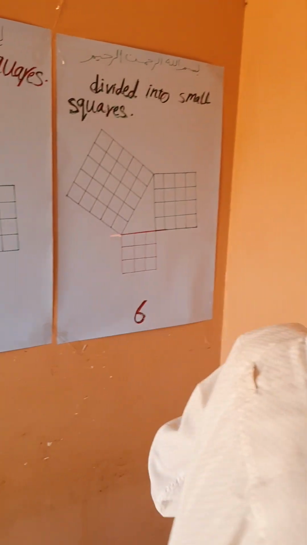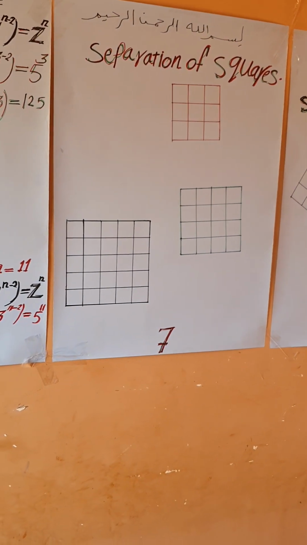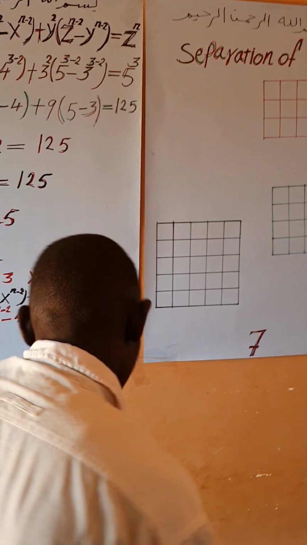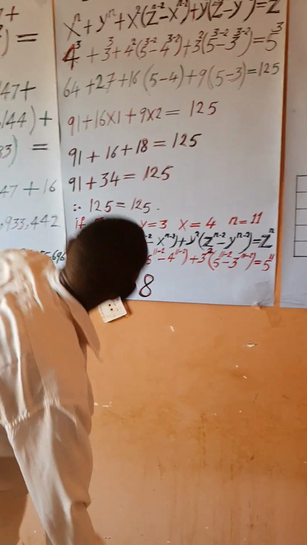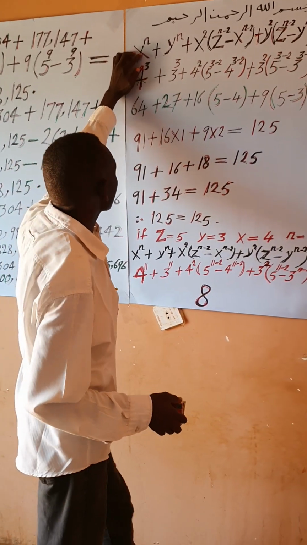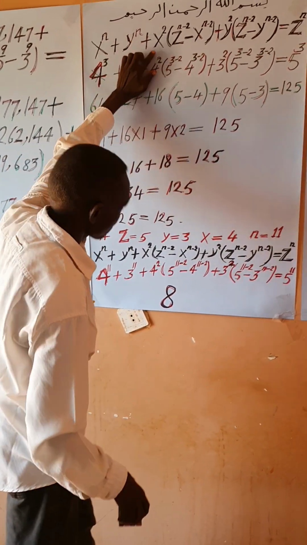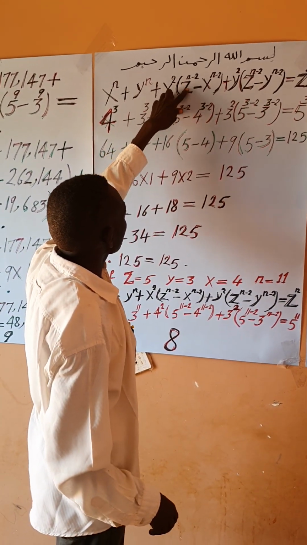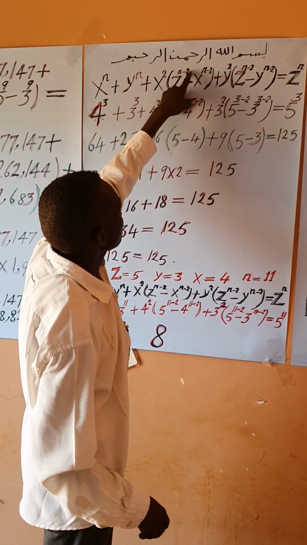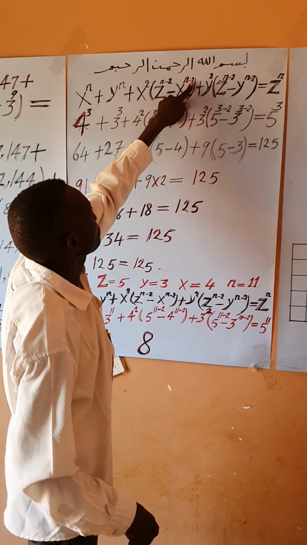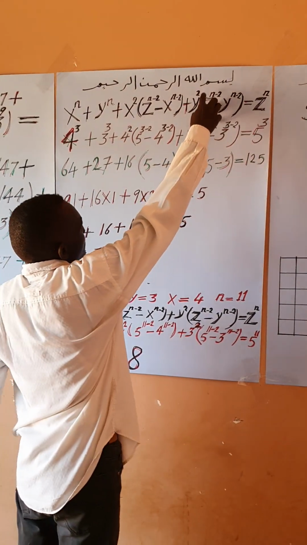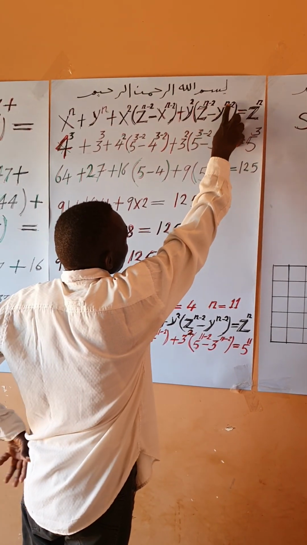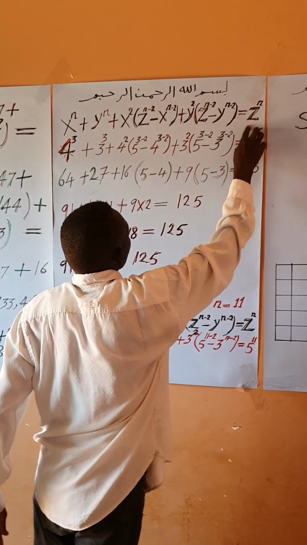Okay. x to the n plus y to the n plus x[z to the n minus 2 minus x to the n minus 2] plus y[z to the n minus 2 minus y to the n minus 2] equals z to the n.